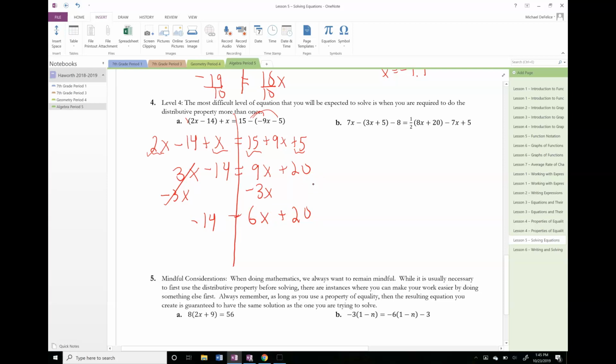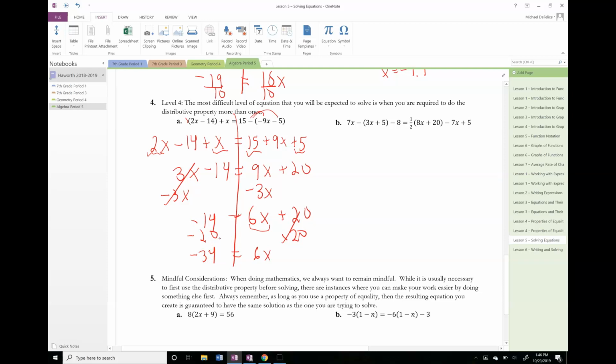And then from this equation, I really only have one choice now. Since the x is on the right-hand side, I need to move all of my constants to the other side. So now the only thing left to do is to subtract 20. And on the right-hand side, I'm left with 6x. And on the left-hand side, I'm left with negative 34.